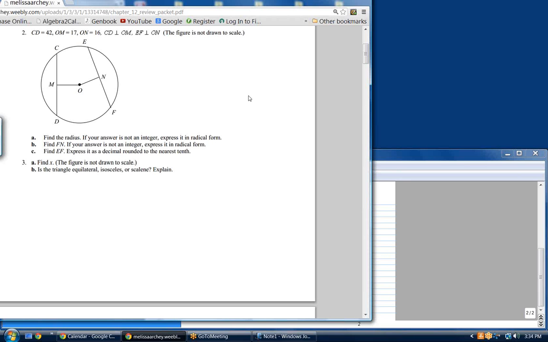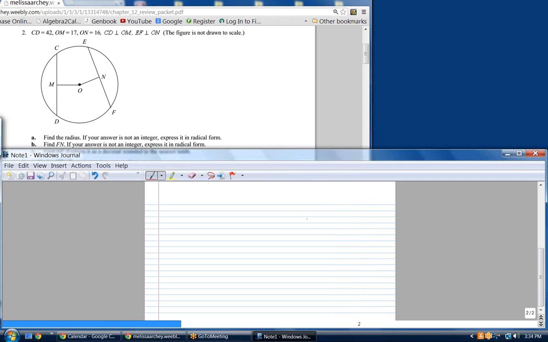Hold on a second. Okay. If those are perpendicular, then these are right angles, right? Right.